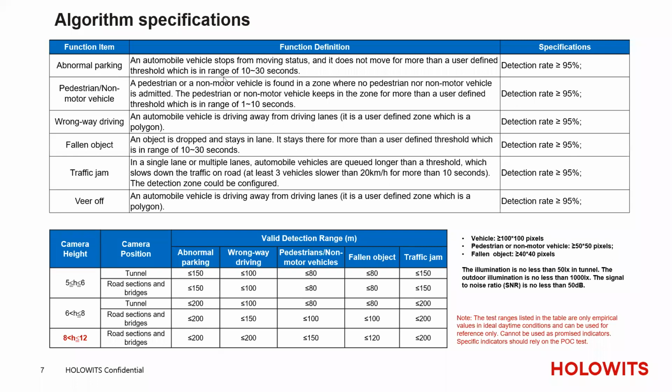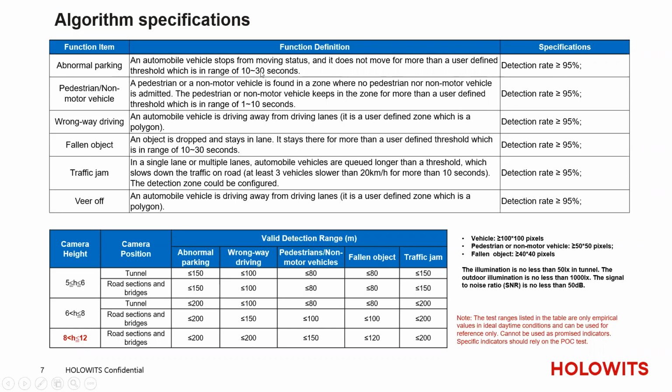This is the algorithm specifications for our 6 functions. The first is abnormal parking. An automobile vehicle stops from the movement status, and it doesn't move for more than a user-defined threshold, which is in the range of 10 to 30 seconds. Usually you can set from 10 to 30 seconds.